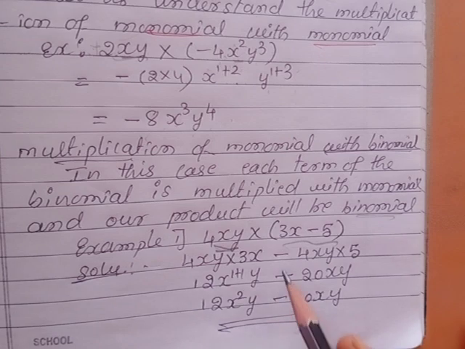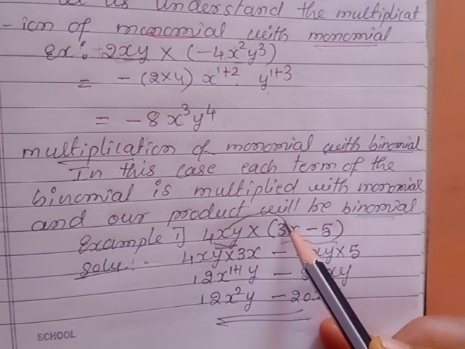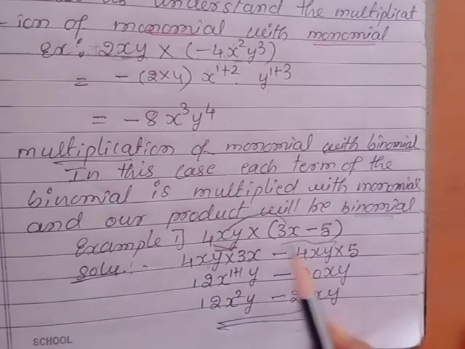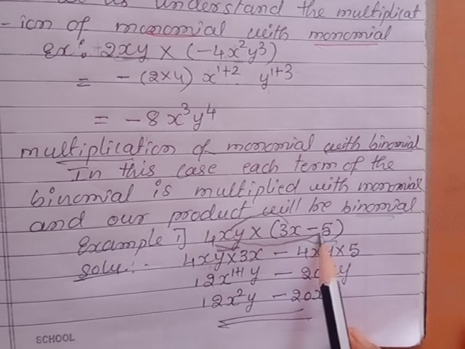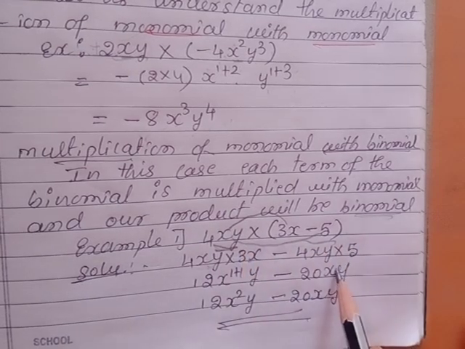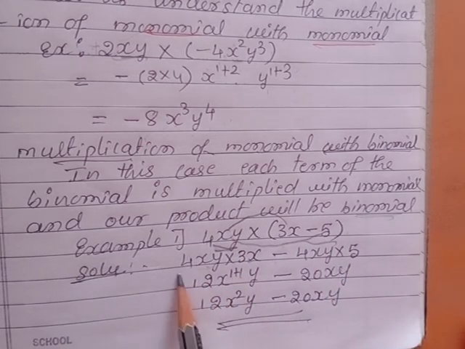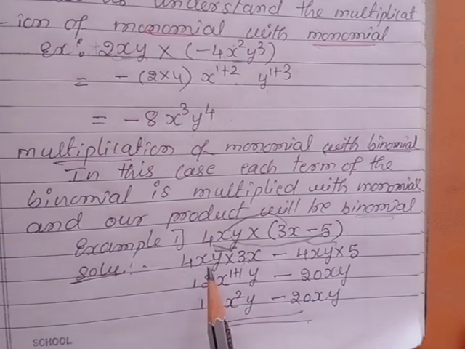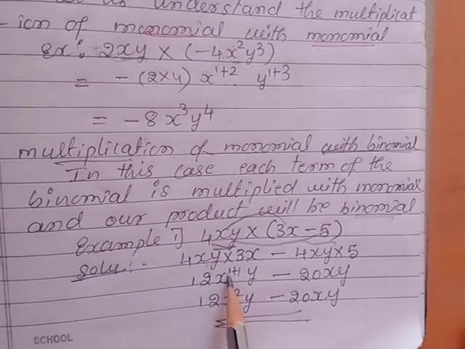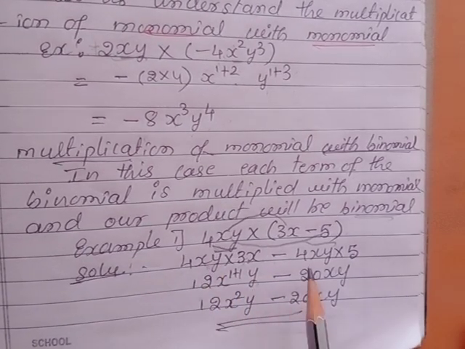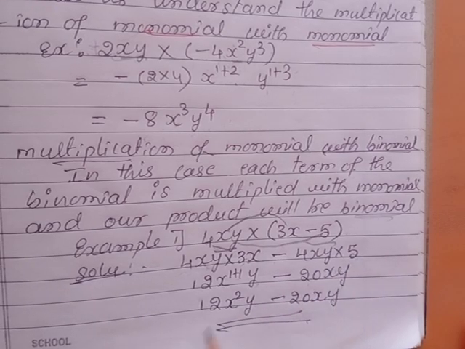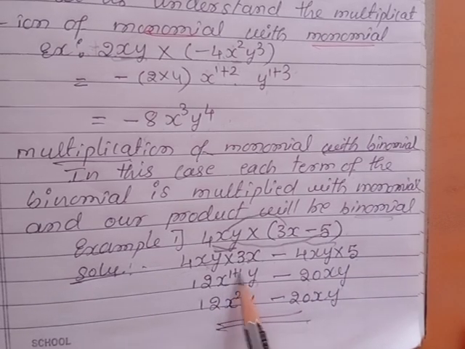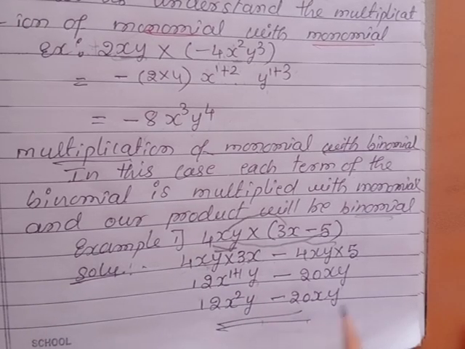First 4xy into 3x you should do, and plus into minus is a minus sign, again 4xy into 5. Here again number into number: 4 threes are 12, x into x, 1 plus 1, y as it is. 4 fives are 20, xy will be as it is. 12 x square y minus 20xy.